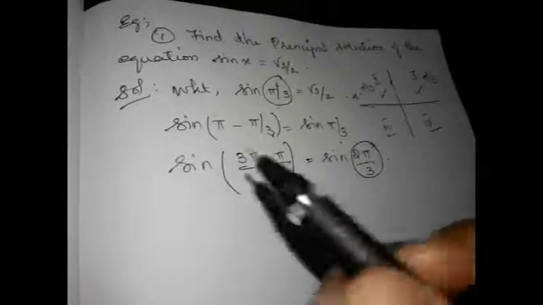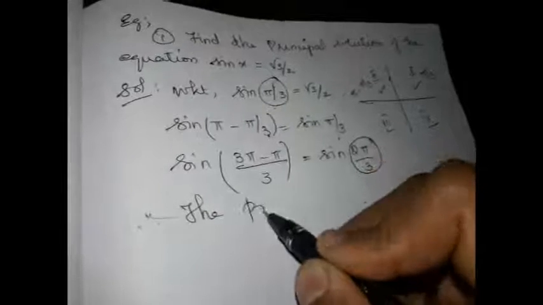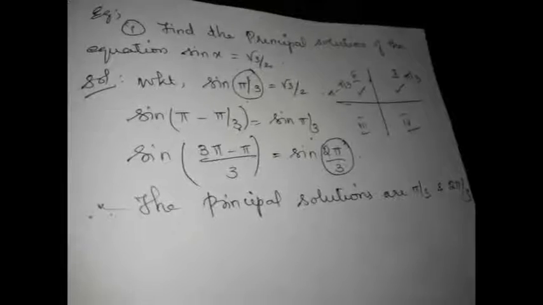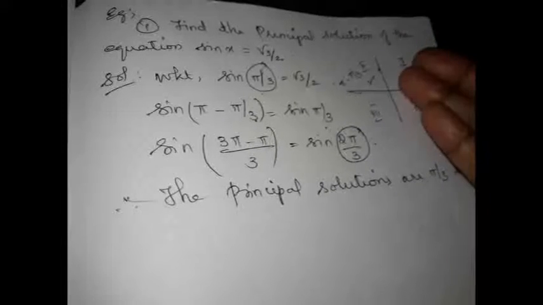What are all the principal solutions of the equation sin x equal to root 3 by 2? Therefore the principal solutions are pi by 3 and 2 pi by 3. Hope you understood this. What we did here: first we found the actual solution of x, then, as I told you, it will have two principal solutions.